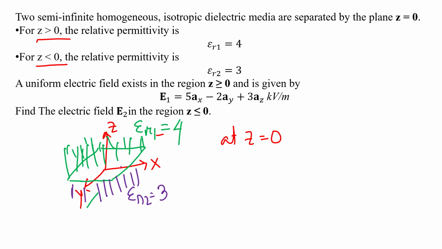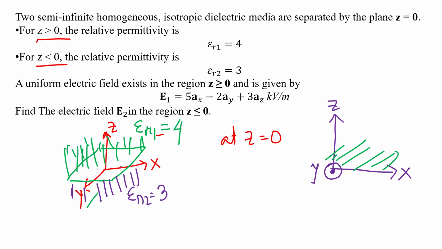If we try to see this from the side view, let us say this is my x-axis, this is my z-axis, and this is my y-axis which is coming out of this page. Okay, so these are the positioning of my three axes. In z greater than or equal to 0, in this portion exists my one dielectric medium which has a permittivity epsilon r1 equals to 4.